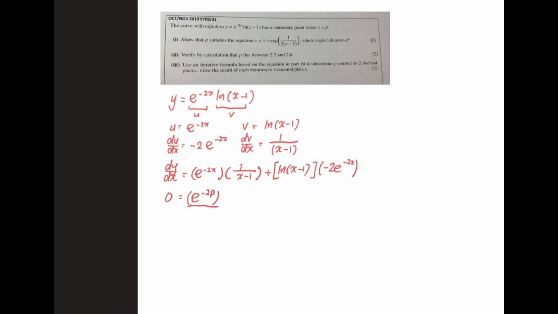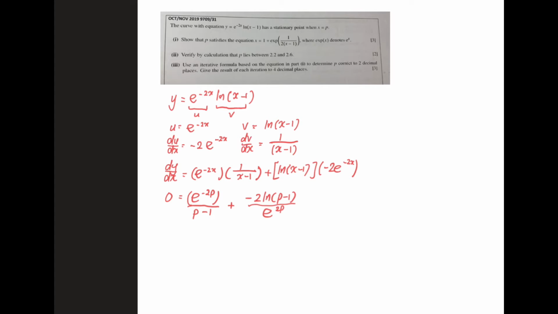So at the meantime, I simplified it. Where I put the x minus 1, I replace with p minus 1, put at the bottom. And after that, minus 2 ln (p minus 1), get the e, the e, I bring it down, e to the 2p.